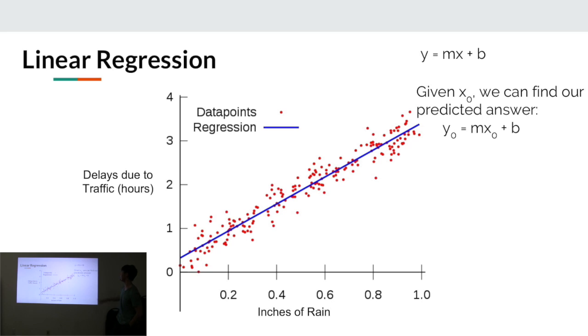Precisely. And this is the algebraic form of linear regression. Y equals mx plus b, because that's just the form of a line. And then assuming that we have the proper m and b, then given a new data point, we can just plug that in and get a new prediction.